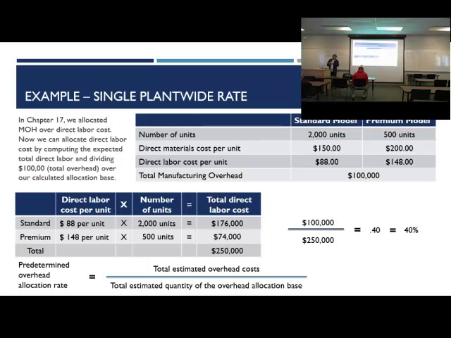Okay. Let's go back. Do we understand why we calculated MO the way that we calculated? Okay. Why do we calculate predetermined overhead rate?